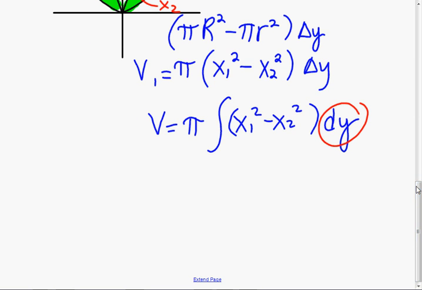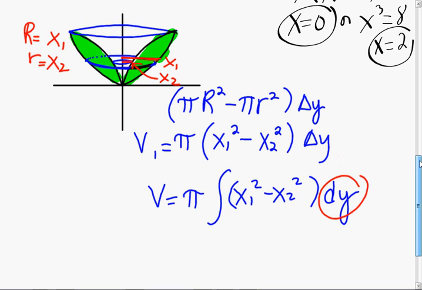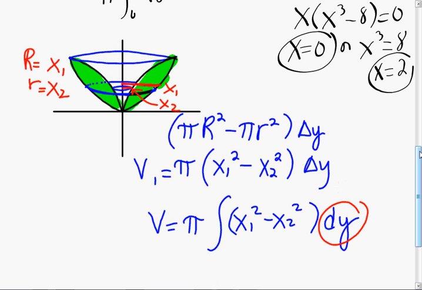Okay. Now let's see. X1 was this one, which was y equals x squared. So what's x equal to? Square root of y. That's the first one.